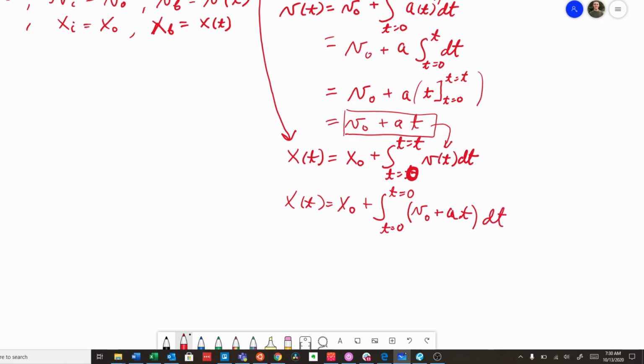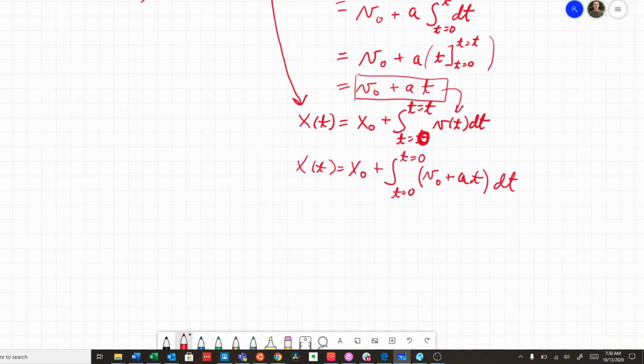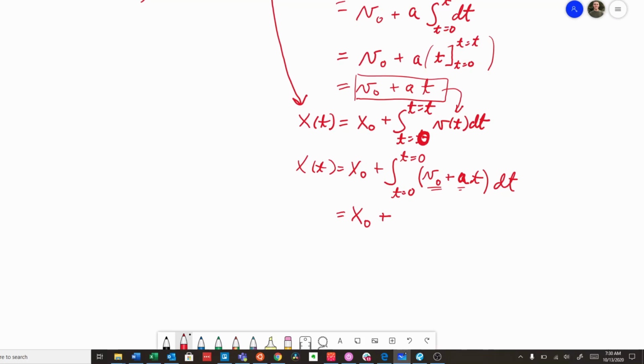So the antiderivative of this over time. That's going to be x0 plus, now the antiderivative of this thing, where note that this is a constant, this is a constant, so this here gives my only time dependence. So if I just pull out the constant multiples, then I'll have an integral from t equals 0 to t equals t.